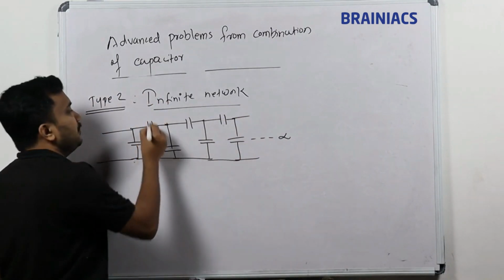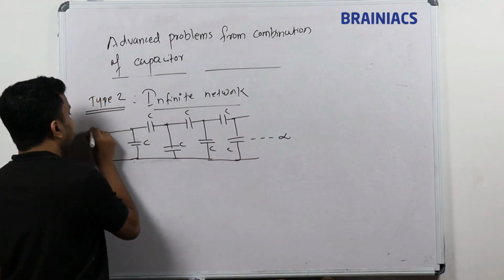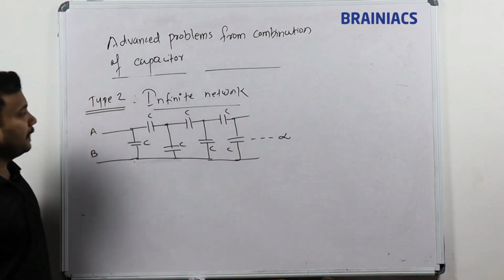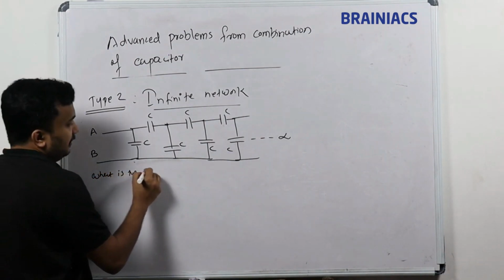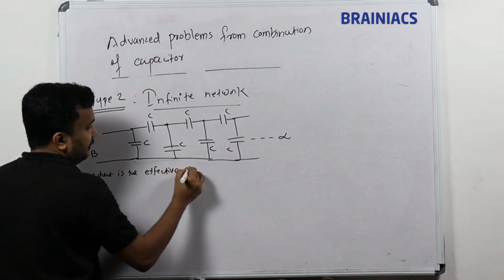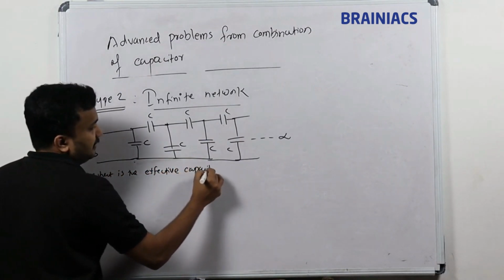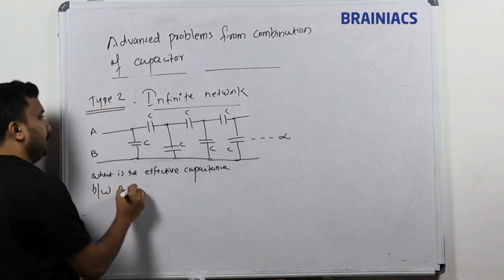All the capacitance values are C, C, C, C, C, C. Infinite network, with points A and B. The question will ask: what is the effective capacitance between A and B?